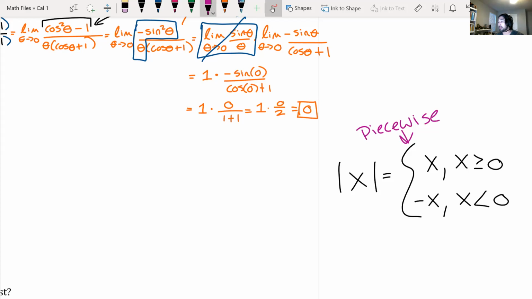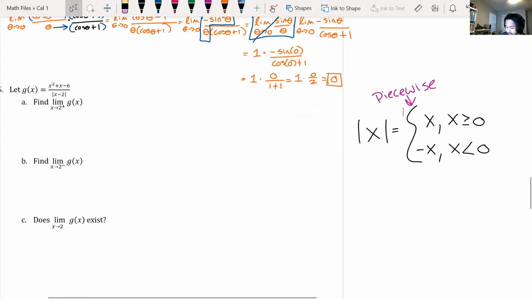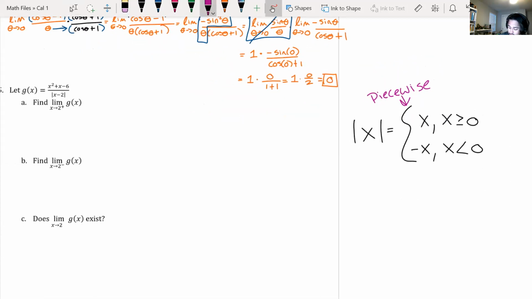Okay, so now the reason I'm showing you this is because we're going to have to create a piecewise function for this limit problem. So I'm just going to go ahead and take care of it over here on the outside. What we're given is the absolute value of x minus 2. In order to create this into a piecewise function, we have to write this as x minus 2 for all positive values of x minus 2.